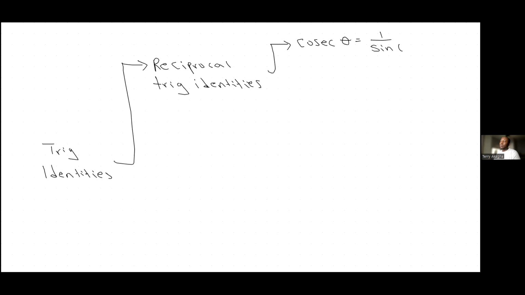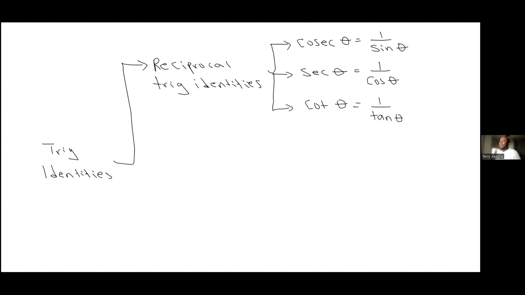The next one is sec theta. Sec theta is 1 over what? Cos theta. The next one is what? Cot theta is equal to 1 over what? Tan theta.